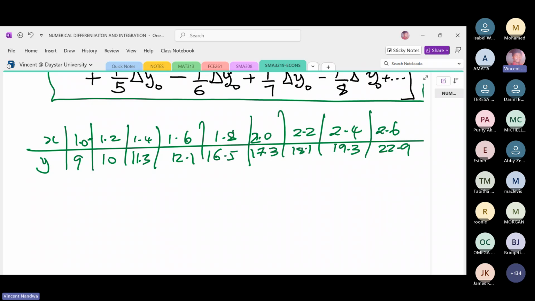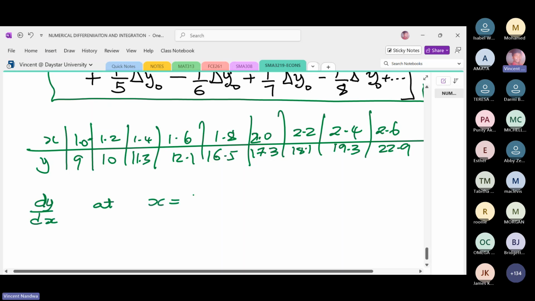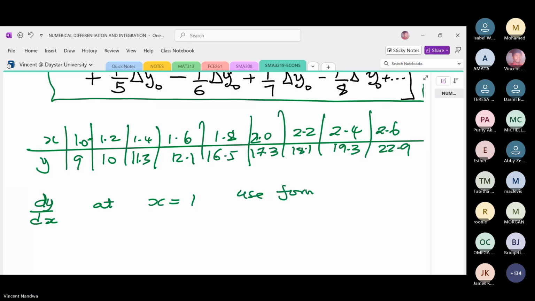For example, if you are given this table and you are asked to find dy/dx at x equals 1, then we use formula 1. Because the value x1 is at the beginning of the difference table and has the given value of y in the table itself.